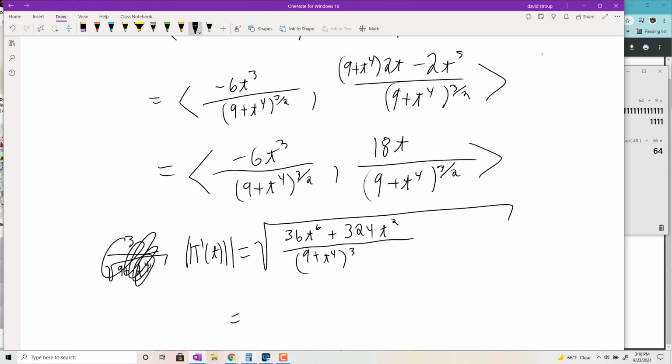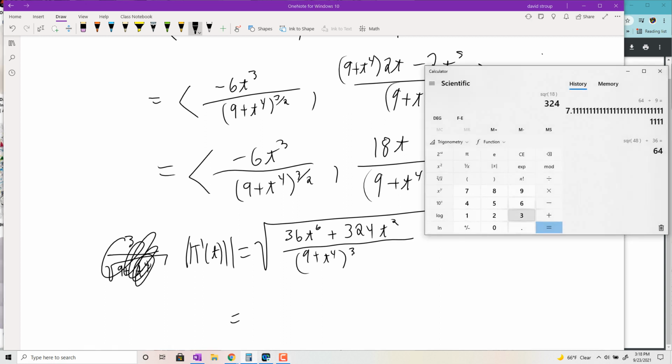You could probably factor 324. What is 18 squared? There's 9. Is there enough in there? 324 divided by 36, yeah, there is.